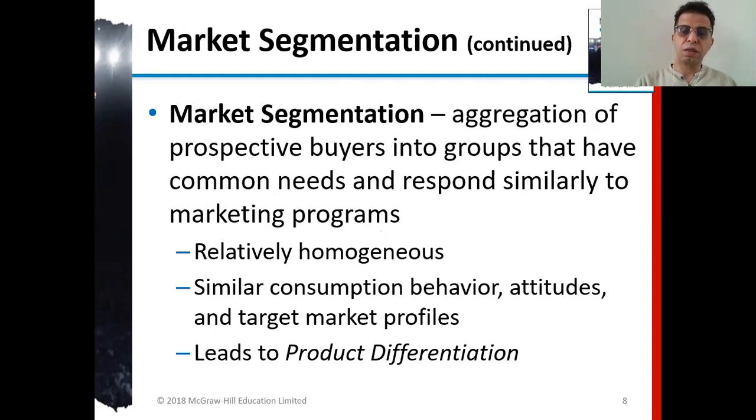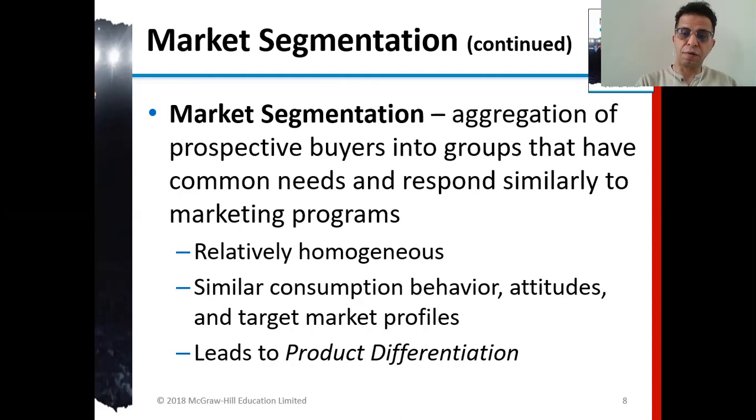Now, market segmentation means the aggregation of prospective buyers into a group that has a common need and responds similarly to a marketing program.